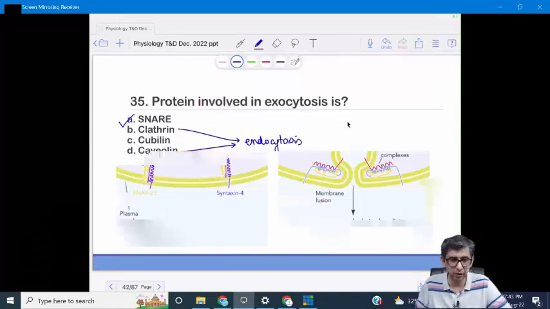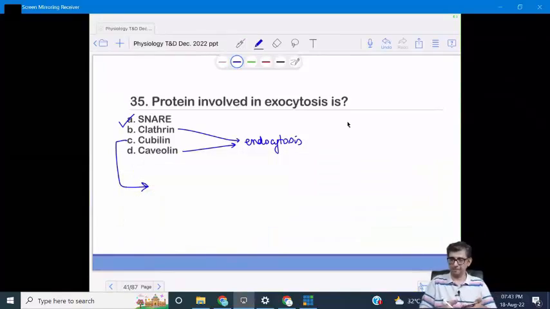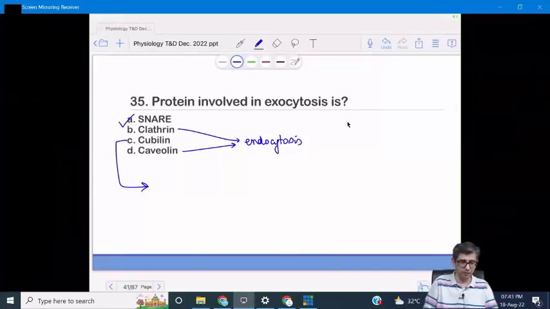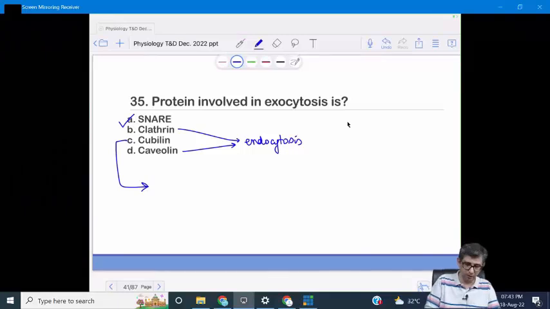Tell me about cubilin too. What is the function of cubilin? What is cubilin, by the way? Syntaxin, again SNARE, syntaxin, they are interrelated terms. Synaptobrevin is what you are trying to say. Yes, cubilin is the receptor for intrinsic factor.